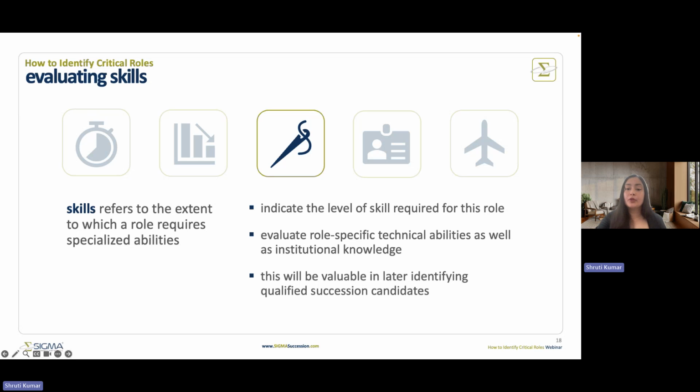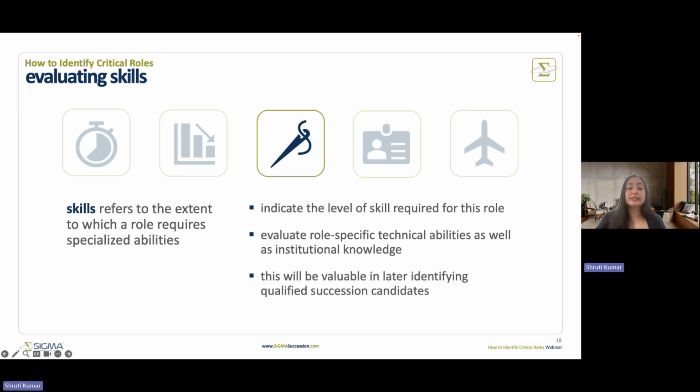You'll then evaluate whether the role requires any specialized skills or knowledge. This may be readily apparent in certain roles, but it can also be a little bit easy to overlook. Perhaps there are roles that you're less familiar with, or perhaps you have a strong employee in a role who's doing their job so well that you take for granted what goes into the role.